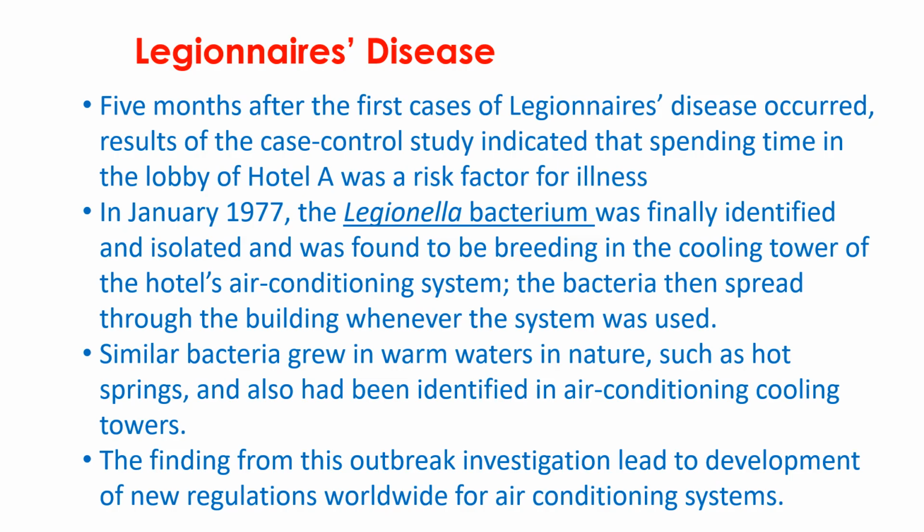In January of the next year, 1977, the Legionella bacterium was finally identified and isolated, and was found where? It was found to be breeding in the cooling tower of the hotel's air conditioning system. The bacteria then spread through the building whenever the AC system was used.